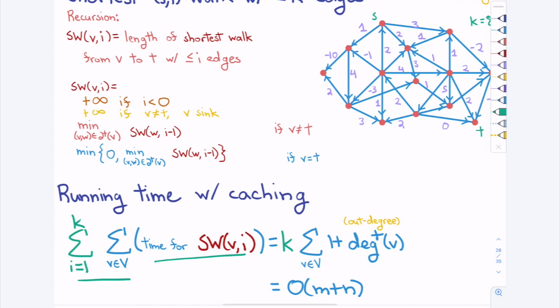The time for that subproblem is, like before, for a particular v, 1 plus however many edges I'm looping over. And then I have a k on the outside because I'm doing that k times. And we sum all that together, and we again get k times m plus n.